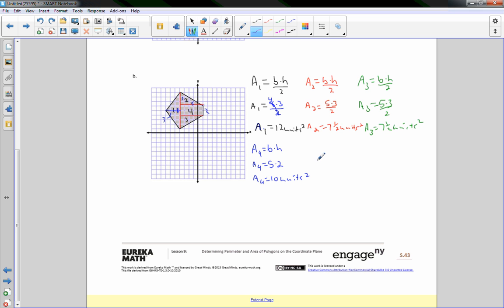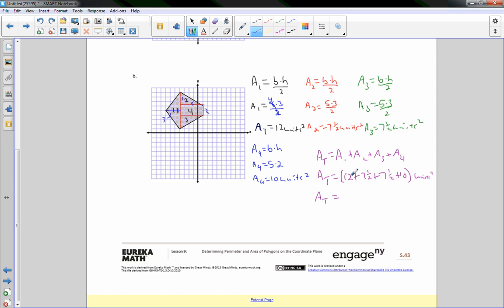All right, so finally we're going to take the area total, which equals area 1 plus area 2 plus area 3 plus area 4. So the area total equals area 1, 12, plus area 2, 7 1/2, plus area 3, 7 1/2, plus area 4, 10, and these are units squared.